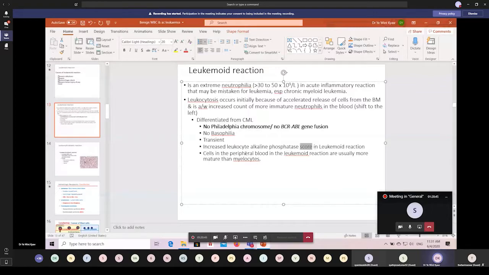In leukemoid reaction, alkaline phosphatase is usually increased. In chronic leukemia, if it enters the blast crisis phase, this score begins to change. In chronic leukemia, generally speaking, the score is reduced because the function of the leukocytes is not good.